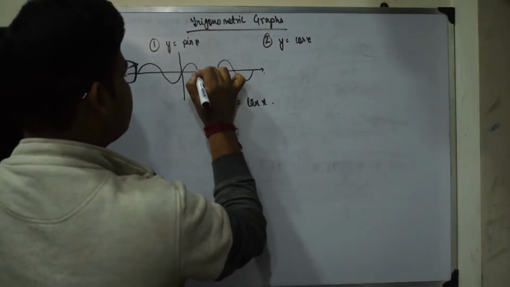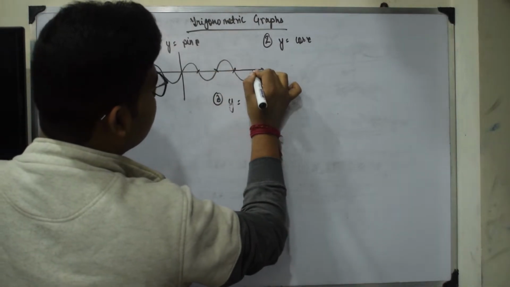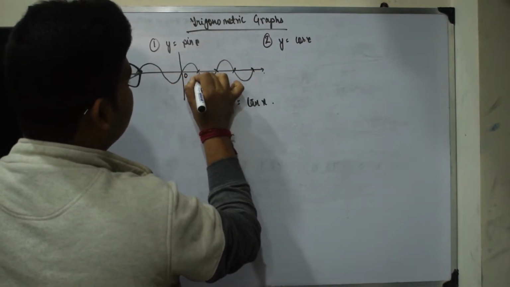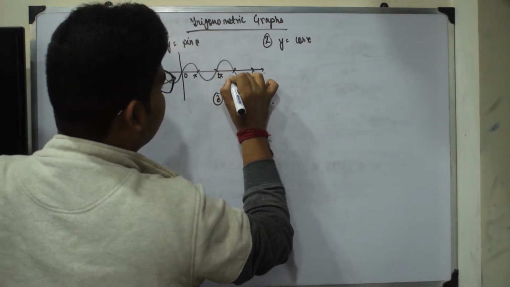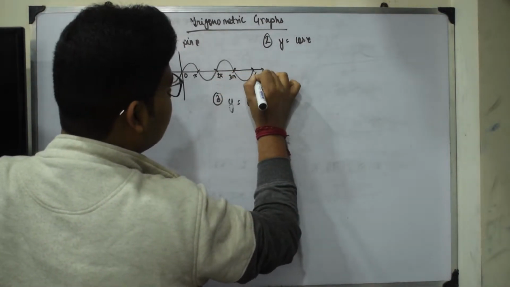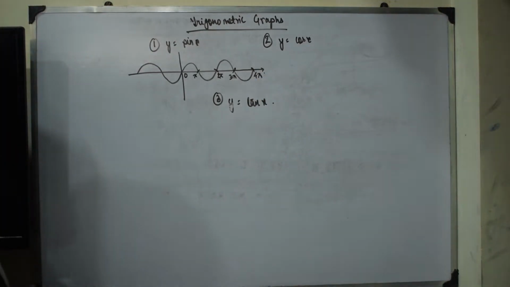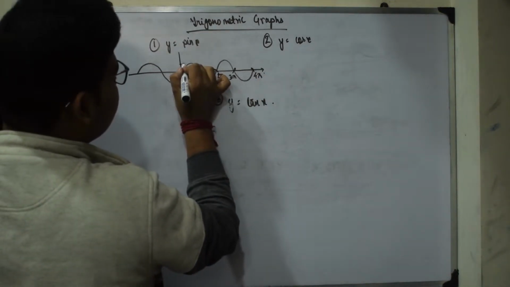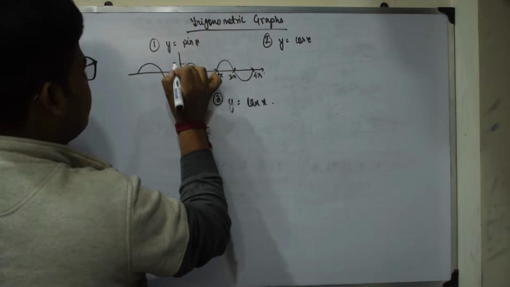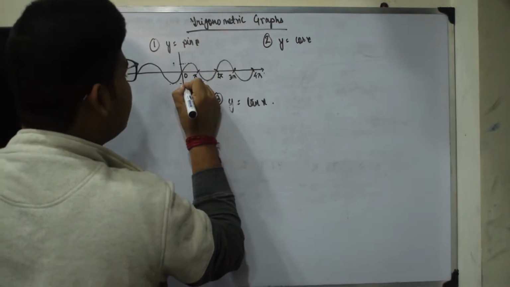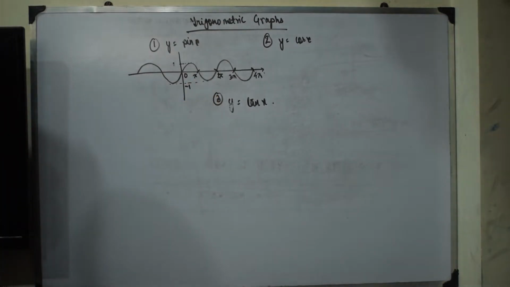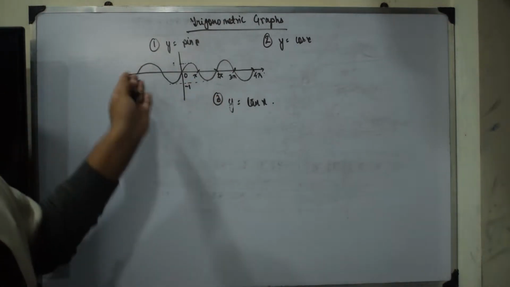Basically this is 0, pi, 2 pi, 3 pi, 4 pi. So this is sin x, whose maximum value which sin x can obtain is +1, and the minimum value which sin x can obtain is -1. Everybody knows this. Now this is the graph of sin x.